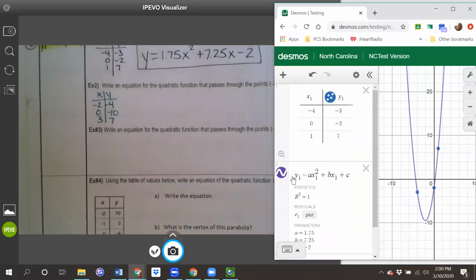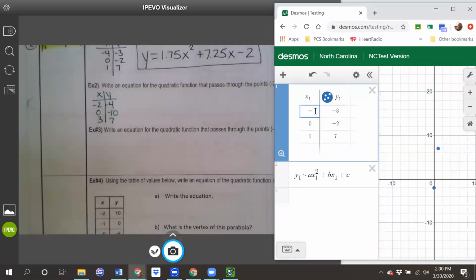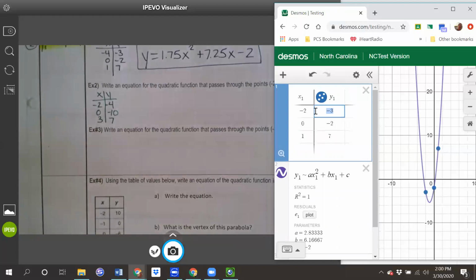I'm hoping that because this is already based on X1s and Y1s, I can come up here and edit my table of values to match my current data, and it's going to update everything because it's all tied together through X1s and Y1s. So fingers crossed, that is what happens. Ready? I'm going to change that to -2, -4.